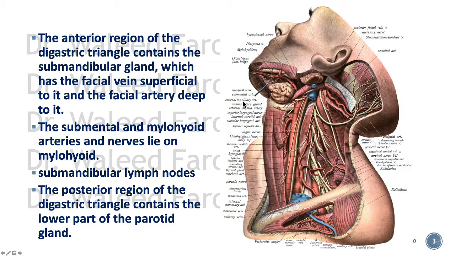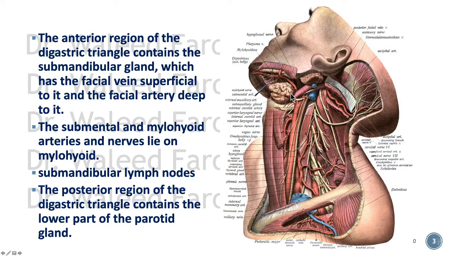The anterior part contains the submental nerve and vessels, and nerve to mylohyoid. The submandibular lymph nodes also exist there, and the posterior region contains the lower part of the parotid gland. Remember this, please. Don't forget that.